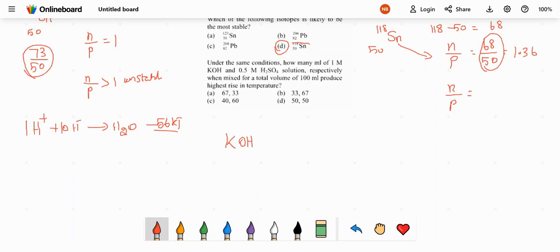Higher energy release means it will increase the surrounding environment temperature. If we carry out the acid base reaction in this compartment, it will release the energy to the environment. So the environment temperature will be increased. That is why they have given highest rise in temperature.